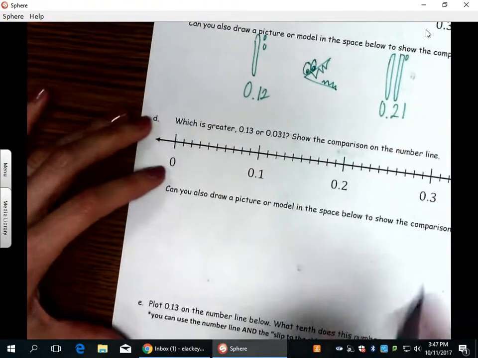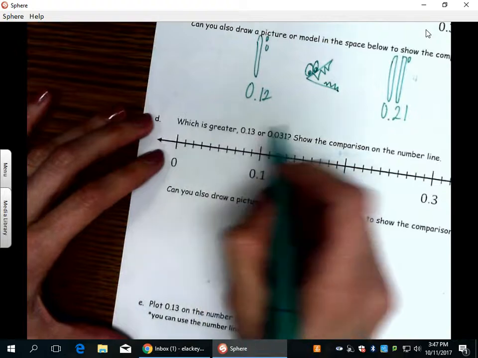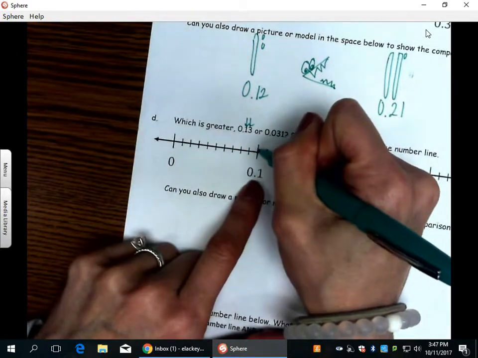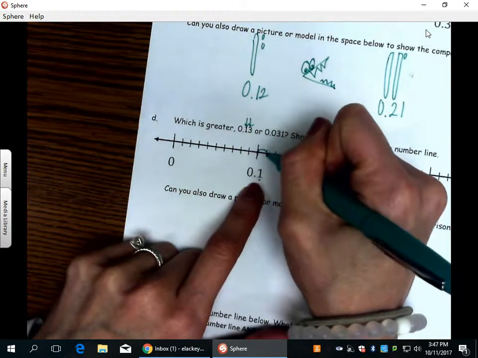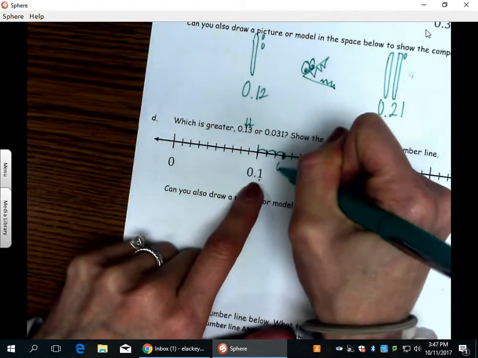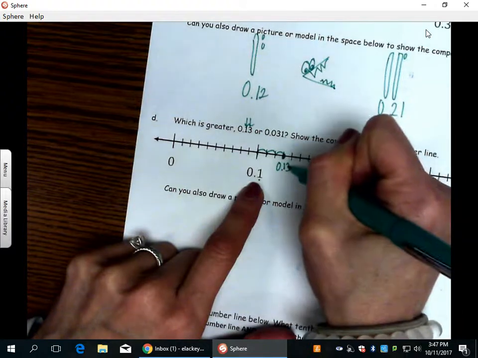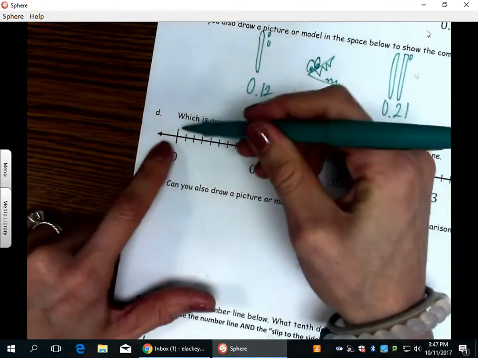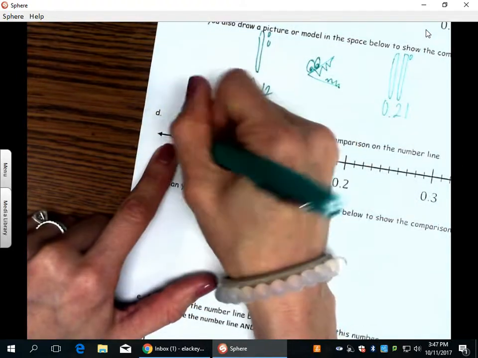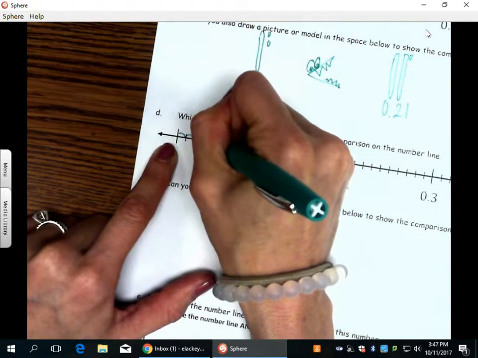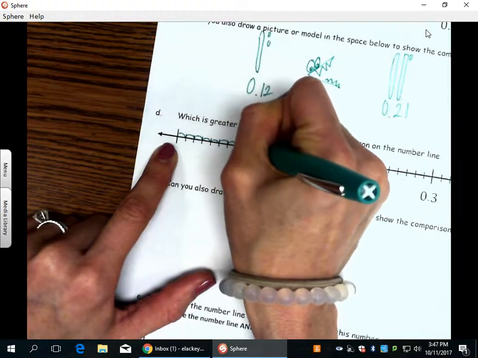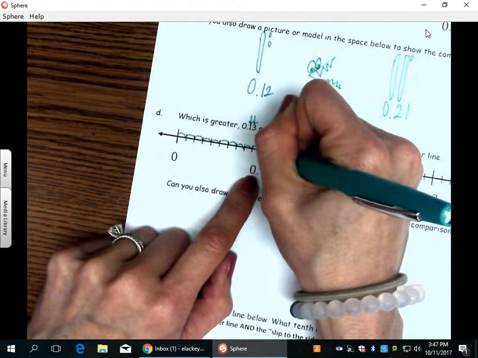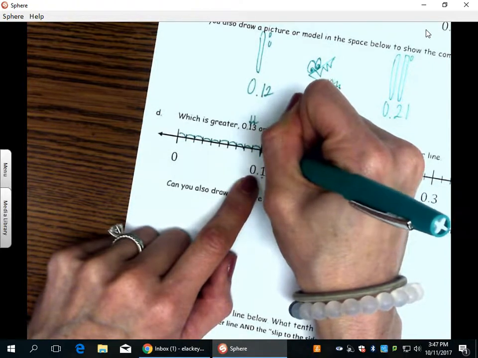Alright. 2 more left. So 13 hundredths. 1/10 3 honeys. 1/10 is here, and 3 honeys. So this is 13 hundredths. And also, if you look, I break it up 1/10 3 honeys, but if you also counted 1, 2, 3, 4, 5, 6, 7, 8, 9, 10. 1/10 is the same thing as 10 hundredths. 11, 12, 13.